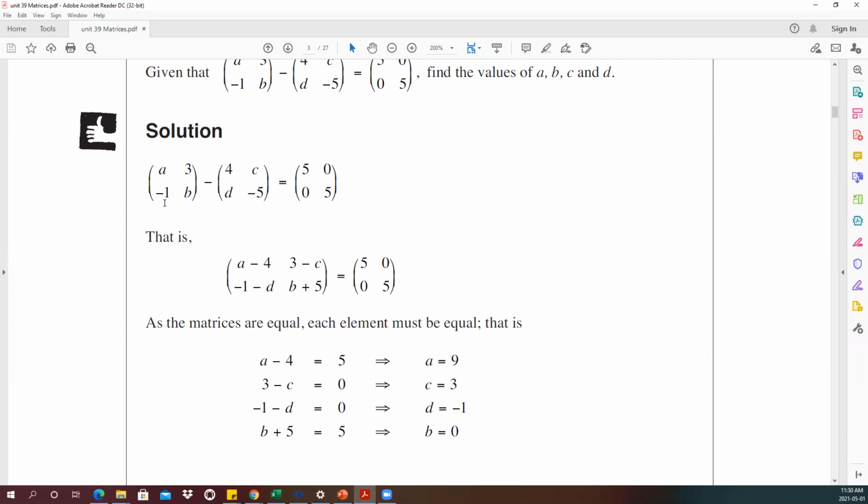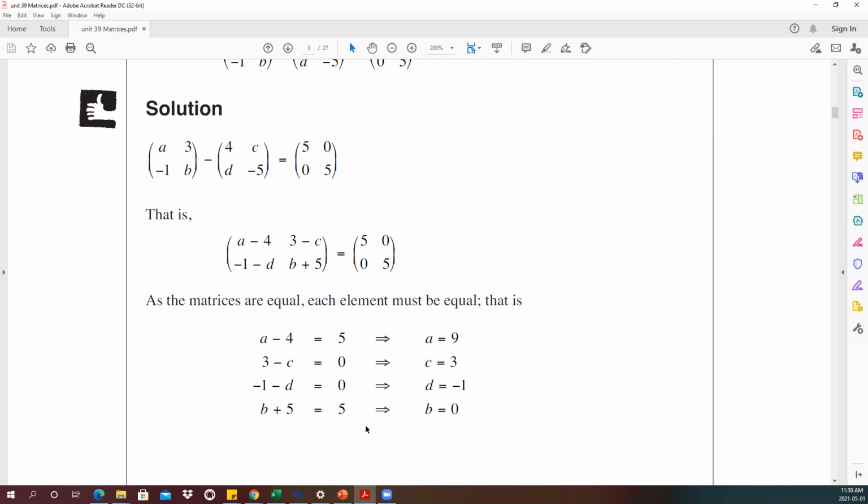And you go on. Minus 1 minus D is equal to 0. That means D is minus 1, because minus minus becomes a plus 1, then you have minus 1 plus 1 equals 0. And then lastly, B minus minus 5 is equal to 5, and that means B is equal to 0.